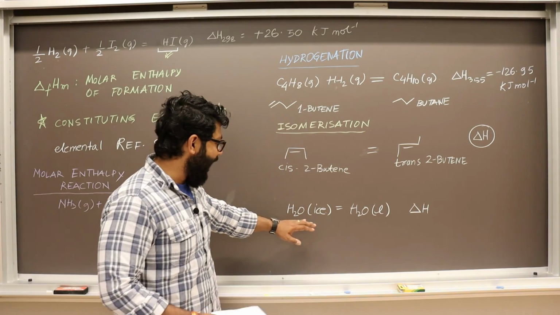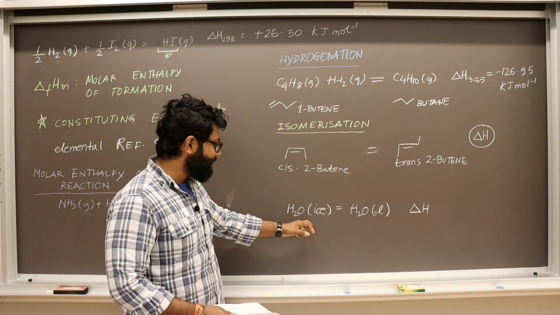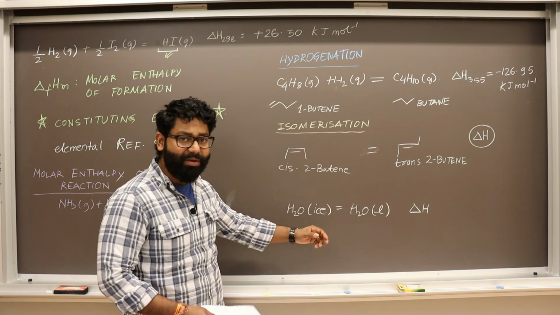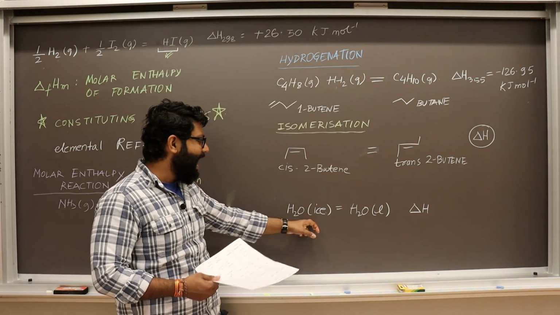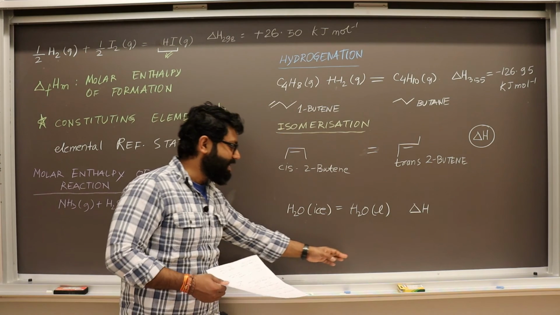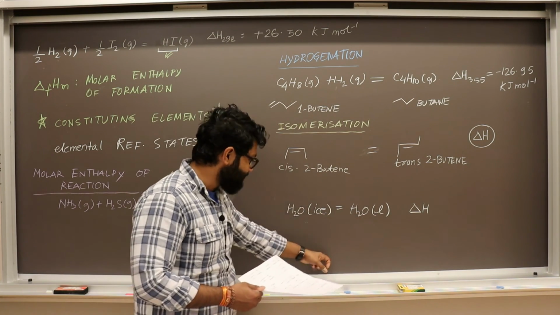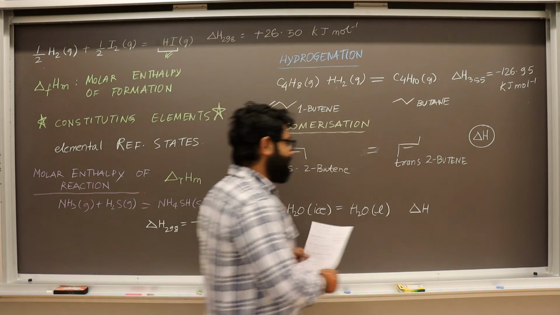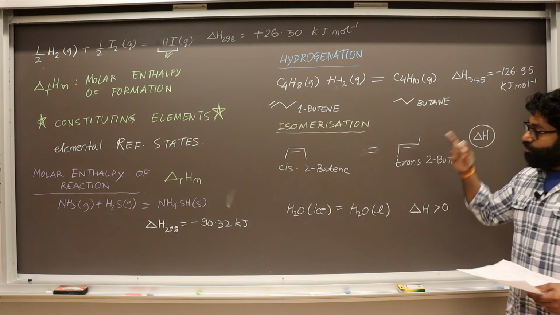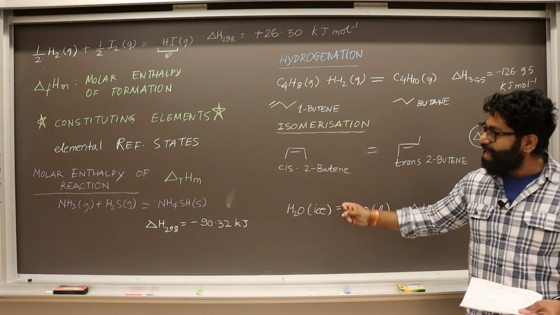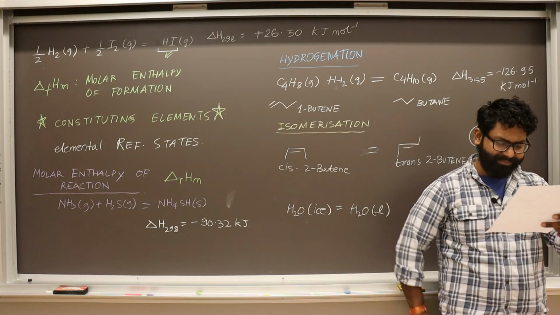When you hold ice and it's melting, is this an exothermic process or an endothermic process? Let's try to figure out. The ice is taking heat from the outside in, and then it is giving you H2O liquid. So since it is taking heat in, this is an endothermic process, and this will be greater than 0. So the delta H of this reaction will become the molar enthalpy of melting or fusion, right?